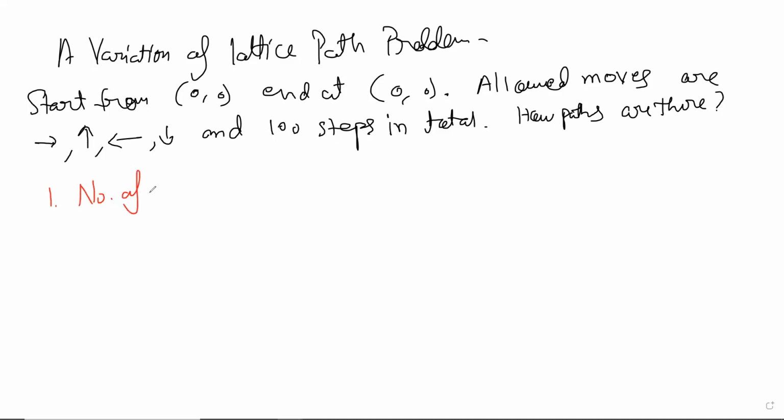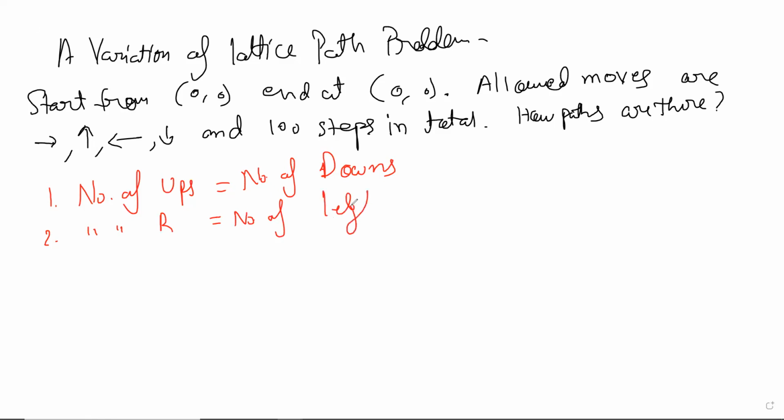So the number of ups equals the number of downs, and the second is, the number of rights is equal to the number of lefts. And now that I think about it, I think this is a problem from Desktop Mathematics also. I didn't make it, it's just coming to my mind. But yeah, so this is all you need to do.